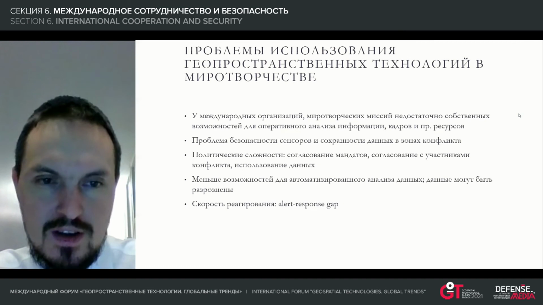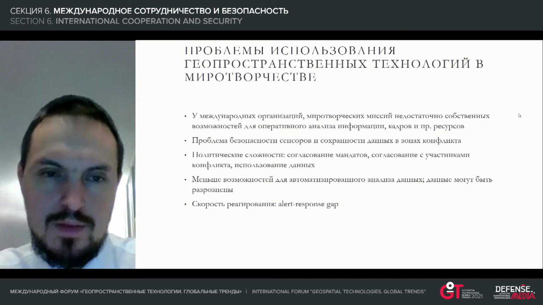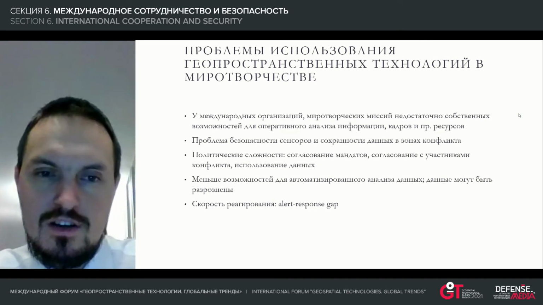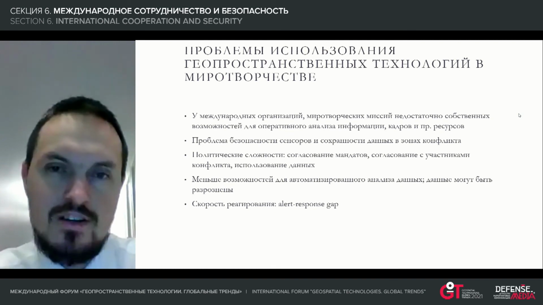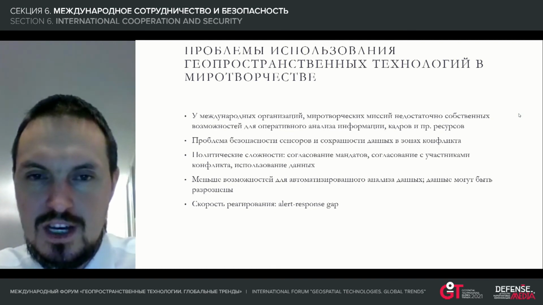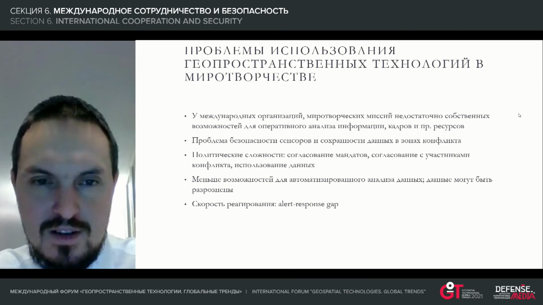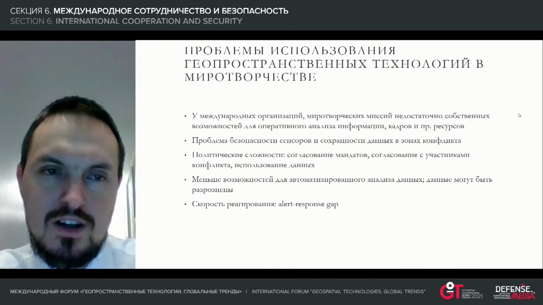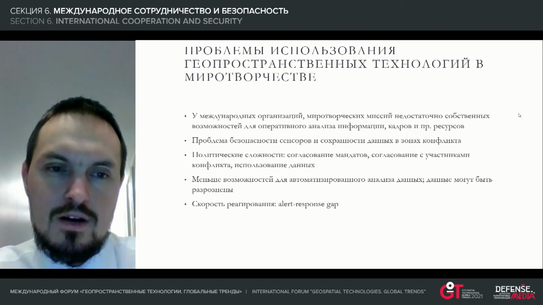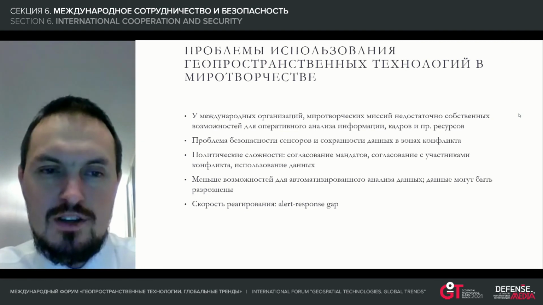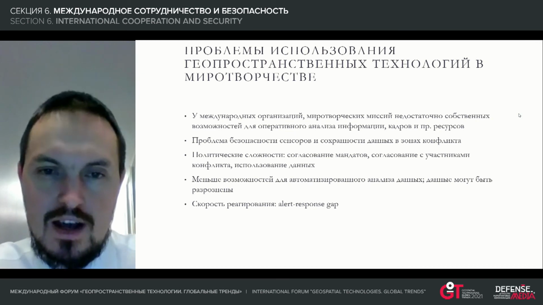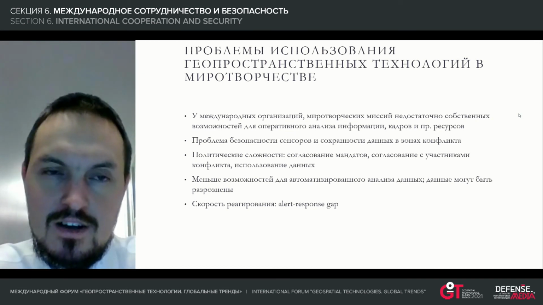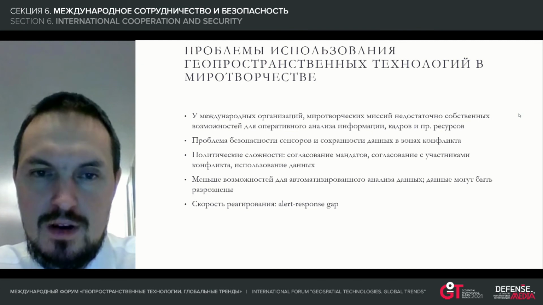If we do not agree, there can be a risk that the equipment will be damaged. And there are practical difficulties with data usage if there were some undesirable facts. Meanwhile, these organizations have fewer capabilities than states for automated data analysis.